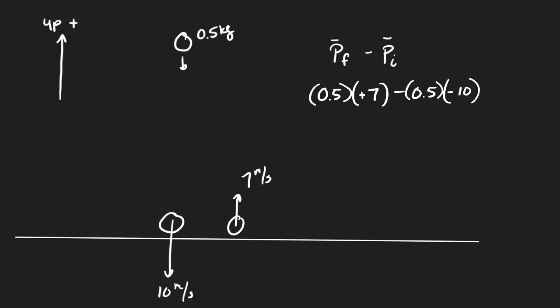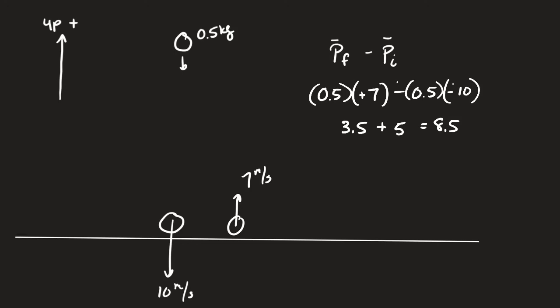We're back to that all the way. When I asked for the impulse, the answer is whatever the result is here. 0.5 times 7 is 3.5, and 0.5 times 10 is 5. So the negative times the negative means that this will be 3.5 plus 5, or 8.5. And it is positive.